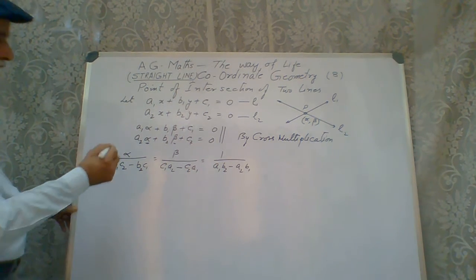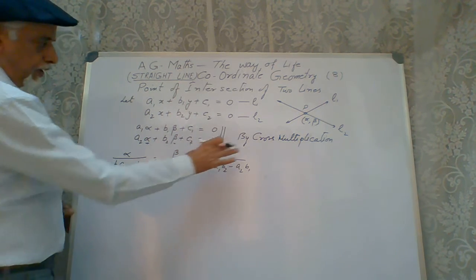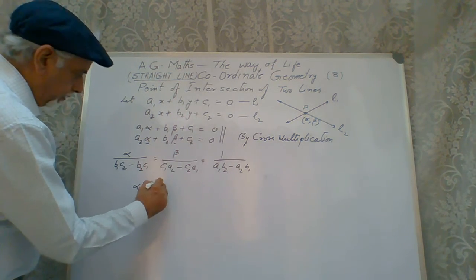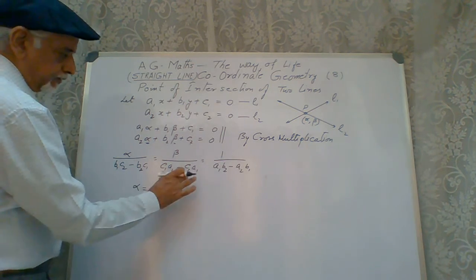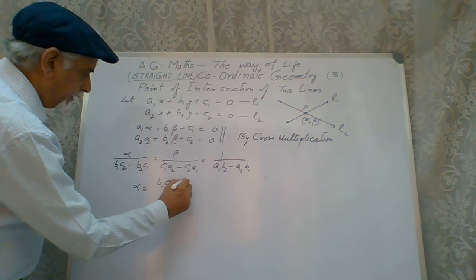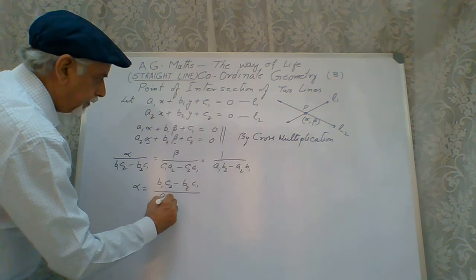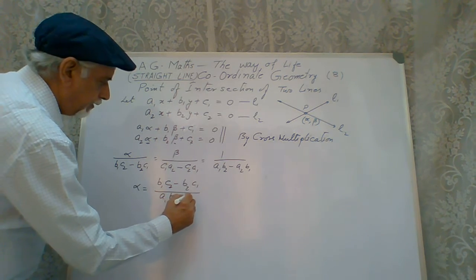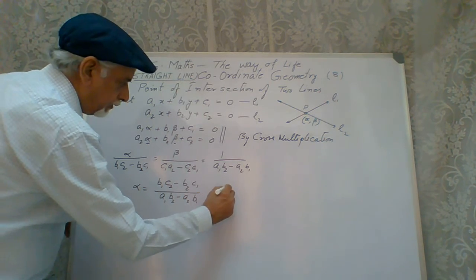Now to find the value of alpha, this will go up instead of 1 when you compare this and this. This part is equal to this and this also equal to this. So alpha is equal to b1 c2 minus b2 c1 over a1 b2 minus a2 b1. And what is beta?